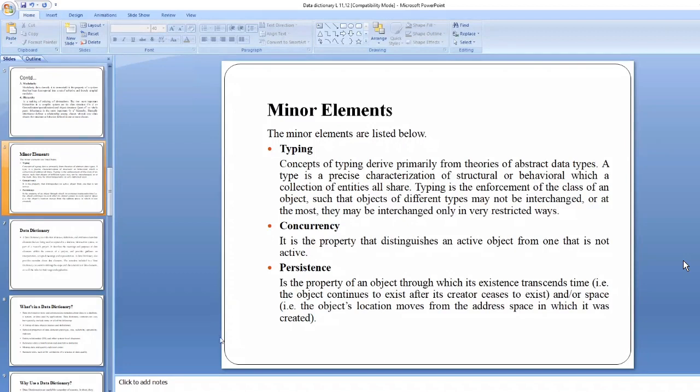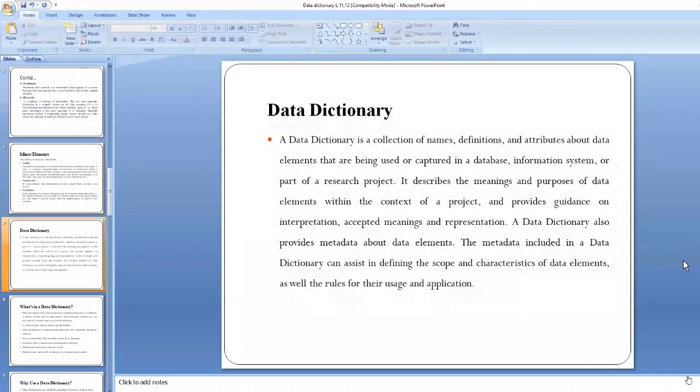Now, if we talk about the data dictionary, the name itself says that we have information about the data.